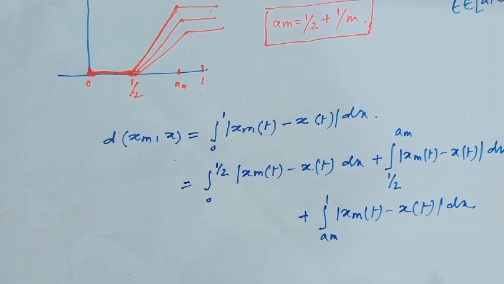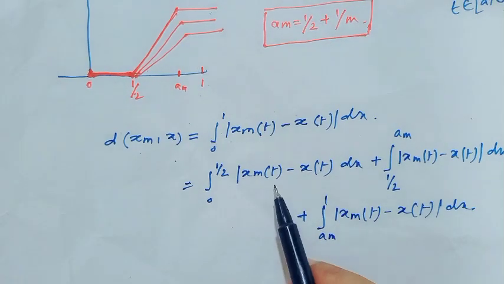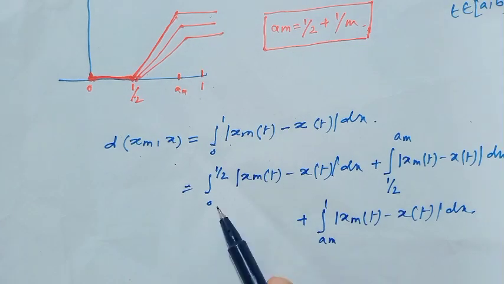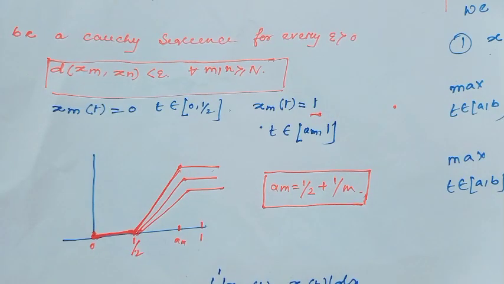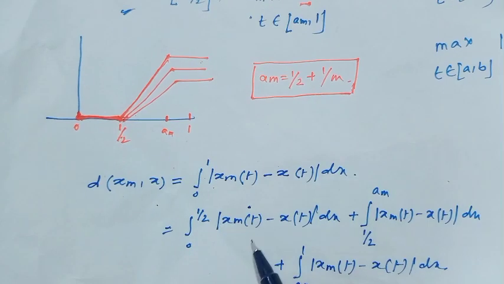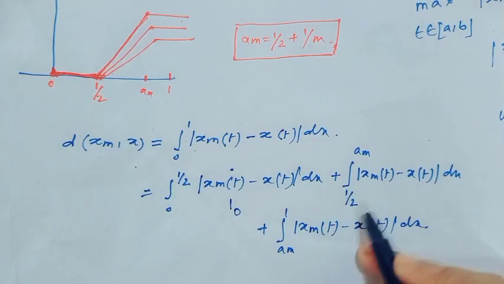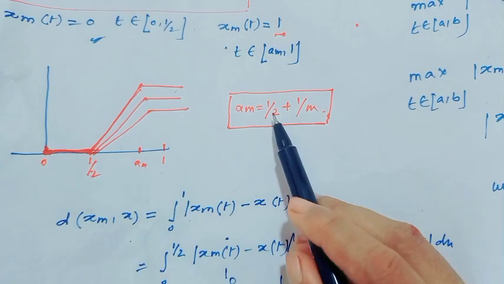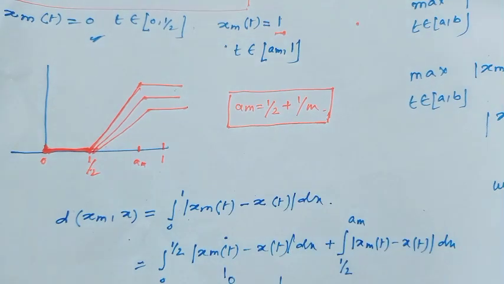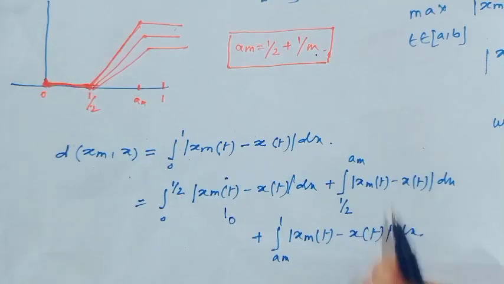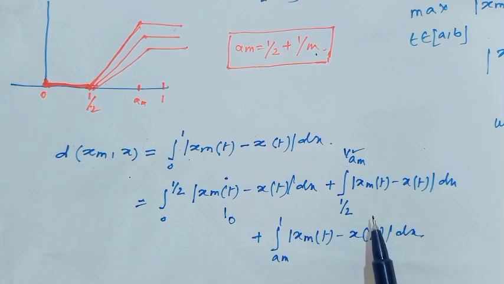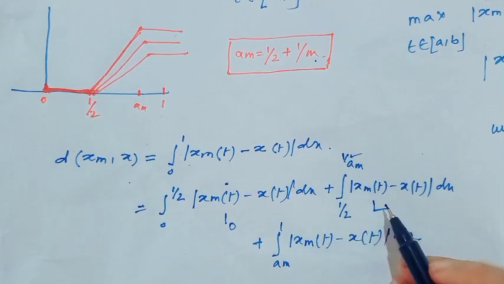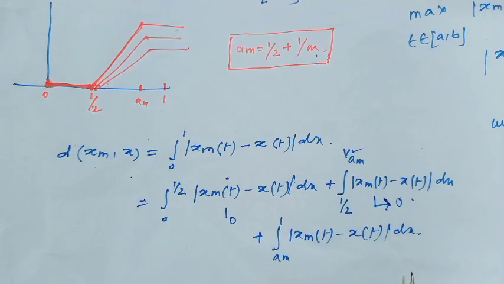Here, on the interval 0 to half, the value of x_m(t) minus x(t) is 0, therefore this integration value would be 0. And on half to a_m, when m tends to infinity, a_m also tends to half, so the interval is half to half, and this integral also tends to 0.